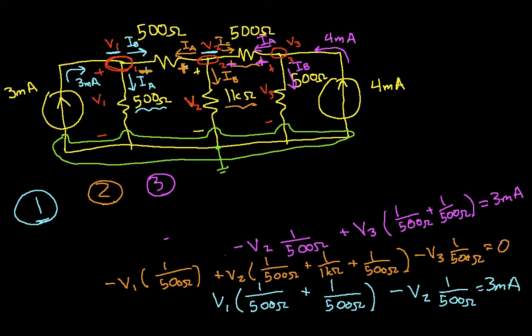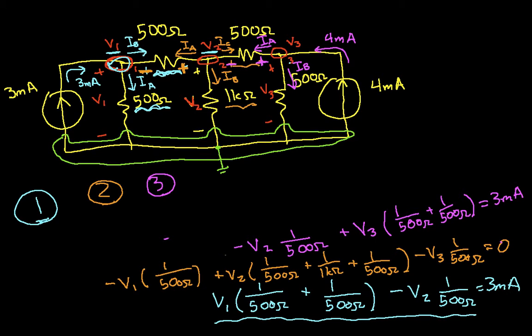So if I go back to node 1 and I look at the equation that I got for node 1, you'll notice that I have V1 and then I have a 1 over 500 ohms plus 1 over 500 ohms. That corresponds to this resistor and this resistor. So basically I take V1 and multiply it by the sum of the reciprocals of the resistances to which it's connected. I have a minus V2 and then 1 over 500 ohms. That comes from this resistor as well.